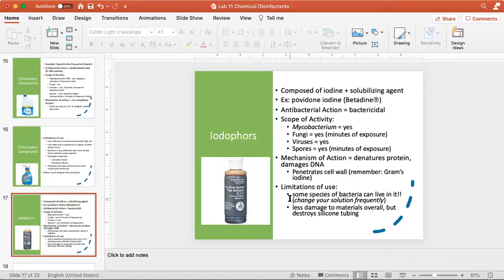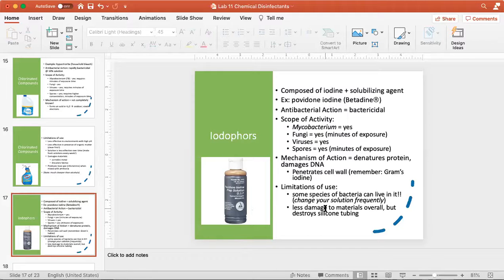Limitations of their use, believe it or not, if you let your iodophore solution sit on the shelf for too long without making it up fresh, some bacteria can actually start to grow in it. There are some species of bacteria that are just resistant to this stuff. So you have to make up your solutions fresh, similar to what we saw with the bleach.